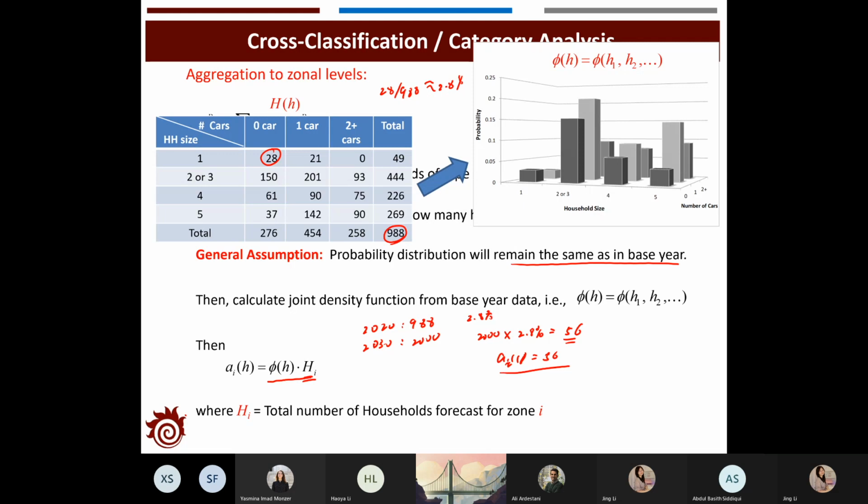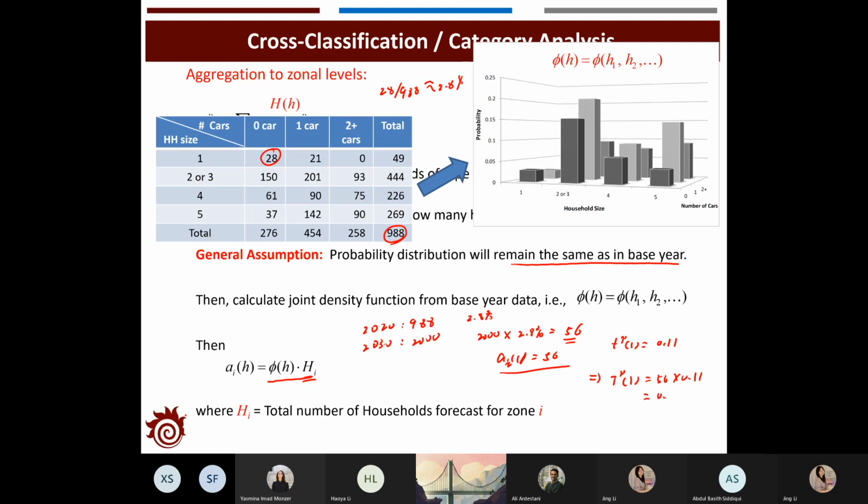And then you can use Ai1. We have previously calculated the trip rate in cell 1 as Tp1 as 0.11. So you can find out the number of trips in cell 1 as 56 times 0.11.